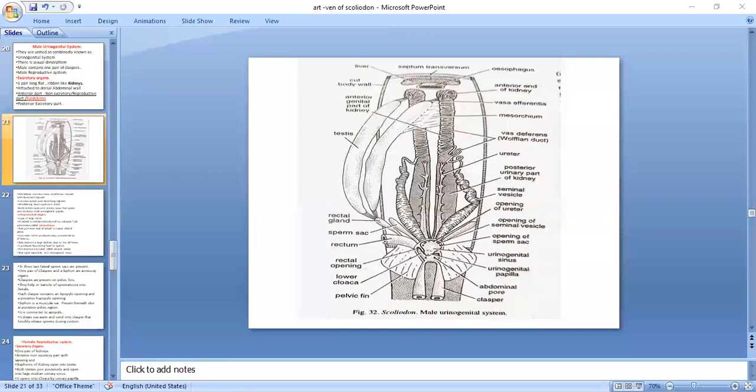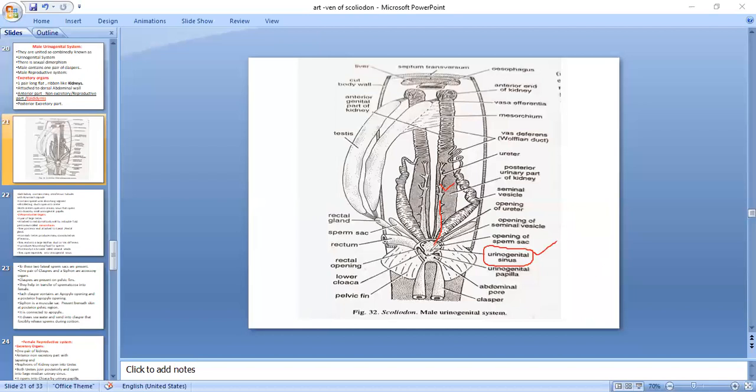So these are the ureters. The ureters are long and they move downward. They open into a urinary sinus. Where is the urinary sinus? Yeah, this is called the urinogenital sinus.